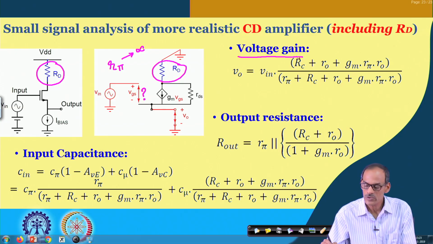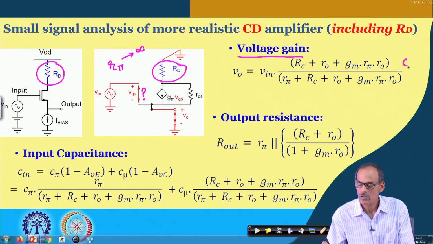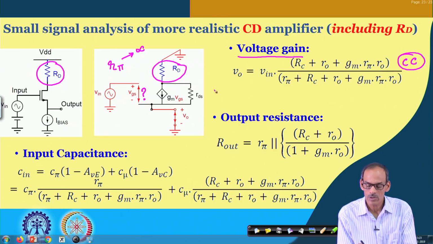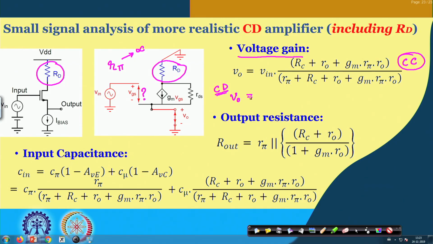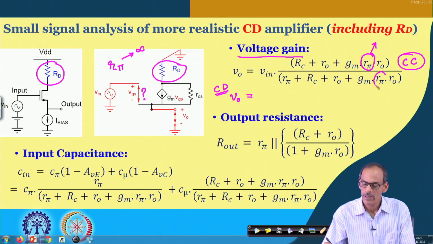So, let us start with the voltage gain and let us follow that approach. This is the equation we obtained for the common collector circuit, and let us try to do it for the common drain circuit, namely this circuit. The expression of the V O can be obtained by considering this equation which we already have derived, by making this very high, this very high, and this also very high.